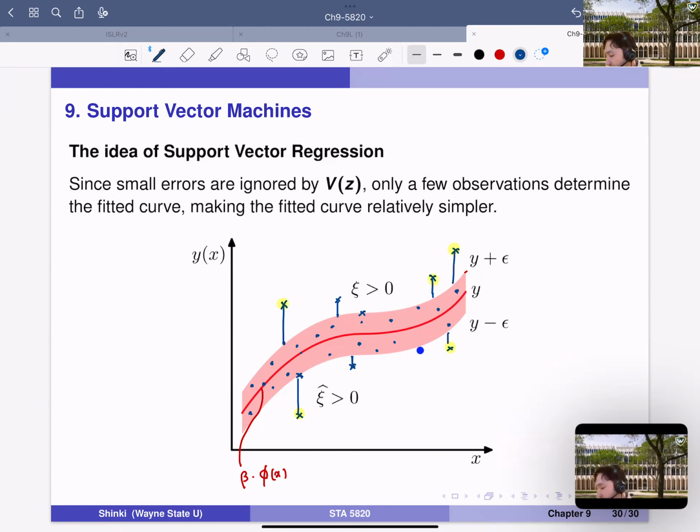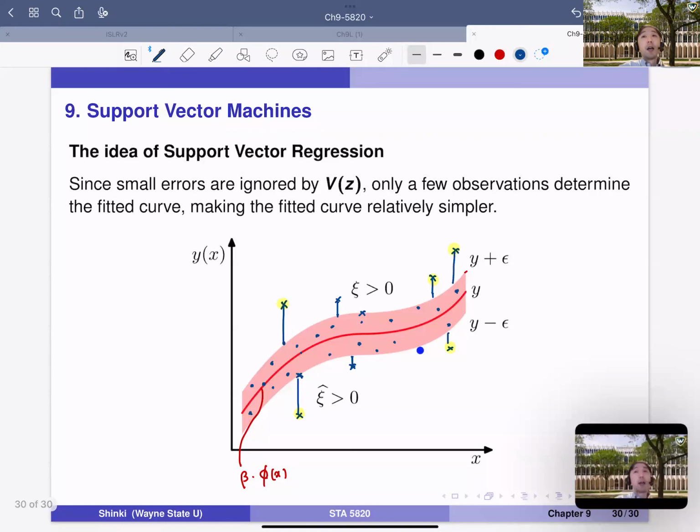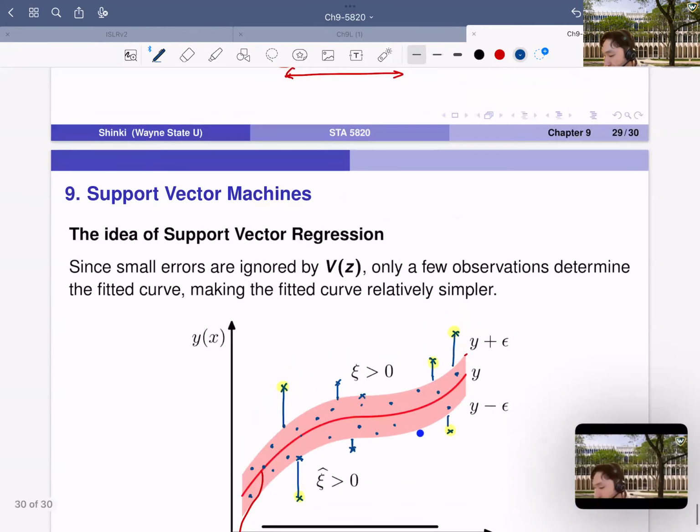That means we can believe that this rule is not super complicated, because a few observations almost determine the entire rule. Right? It's a little bit strange that only a kind of outliers determine the regression curve, but this is the idea of support vector regression. Okay. Do you have any questions on support vector regression?